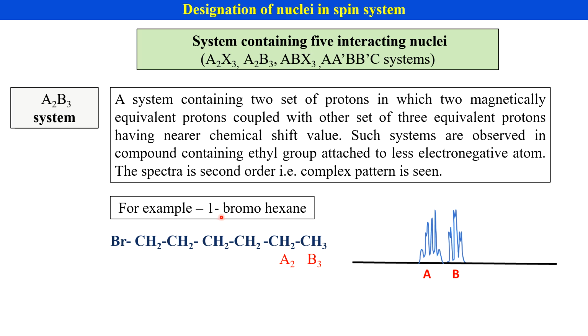Let us see the example 1-bromohexane. In case of 1-bromohexane, the ethyl group exhibits the A2B3 system, and as the ethyl group is attached to a carbon atom, the chemical shift values of A and B are very near to each other, and therefore a complex splitting pattern is seen in the spectra, and the spectra is non-first order or second order. This is A2B3 system.